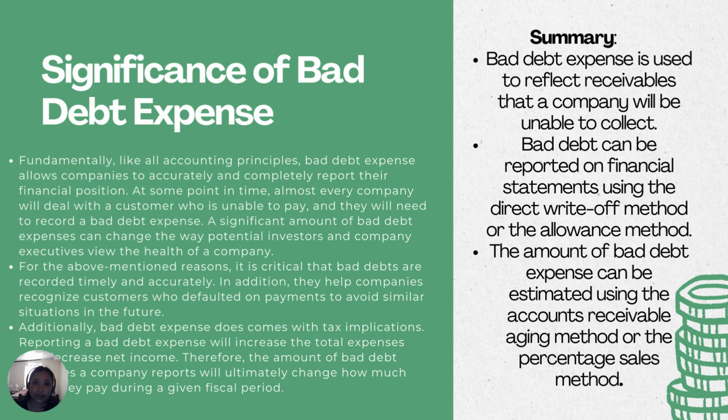What are these methods? Do you remember? Yes, you're correct. It is the direct write-off method and the allowance method. And the amount of bad debt expense can be estimated using the accounts receivable aging method or the percentage of sales method. For today, we only discussed the first method, which is the percentage of sales method.